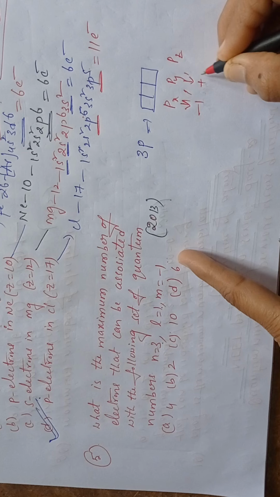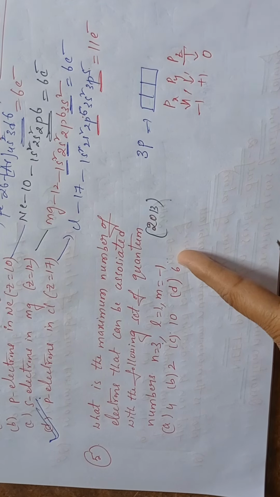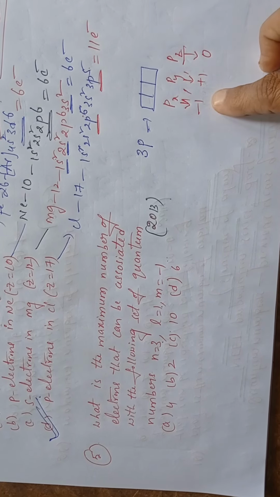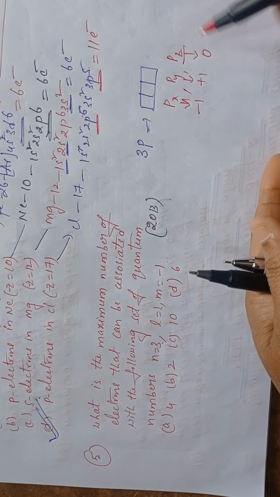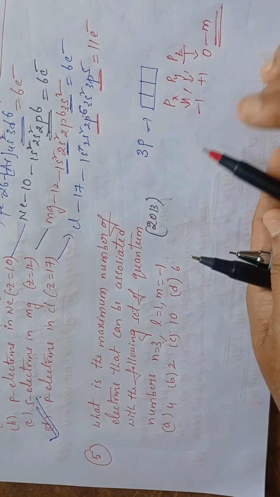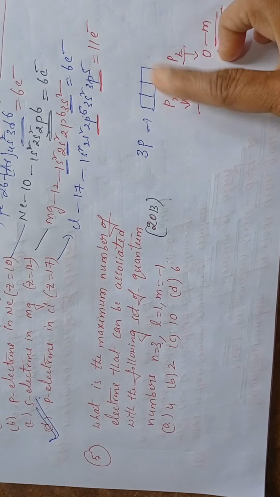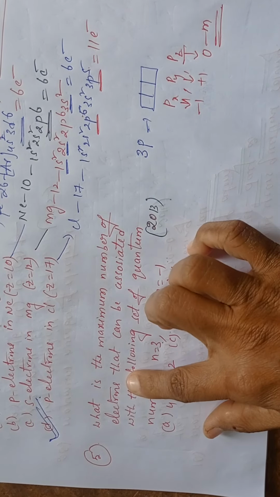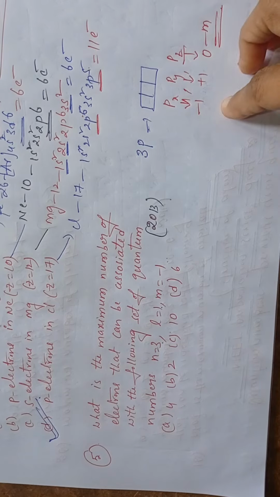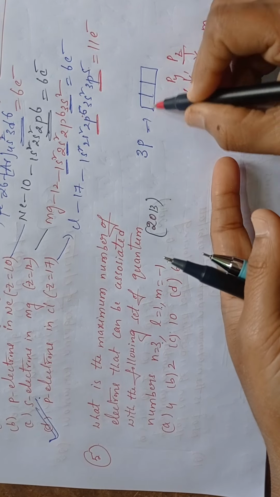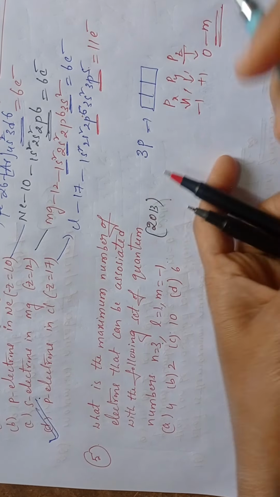py is equal to +1. pz is equal to 0. So here they are asking px, -1. These are which values? These are m values. Are you clear? So m value -1 belongs to 3px. What is the maximum number of electrons present in 3px that is asked? Only px is asked.